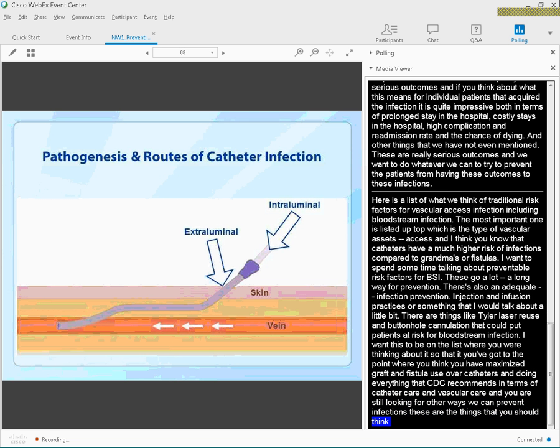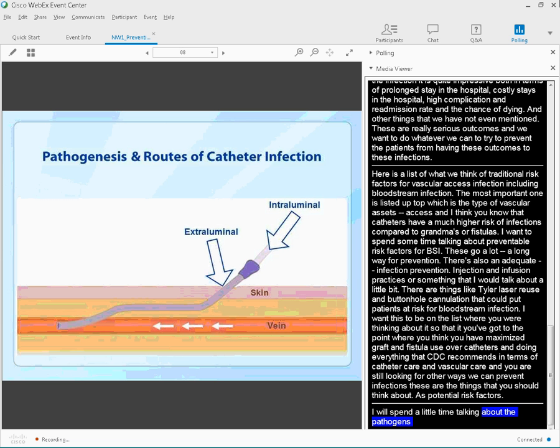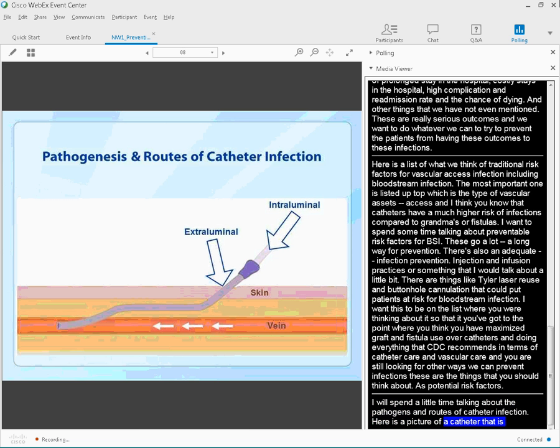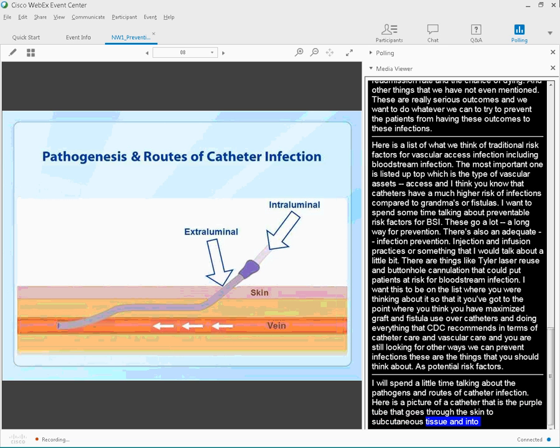So I'm going to spend a little bit of time talking about the pathogenesis and routes of catheter-related infection. So here's a picture of a catheter. It's a purple tube, obviously, that goes through the skin, through the subcutaneous tissue, and then into a blood vessel. And there's two main pathways of how this catheter can get contaminated and lead to infection.